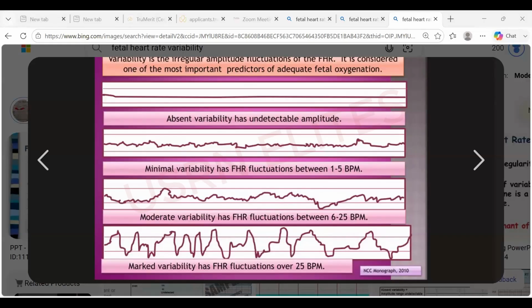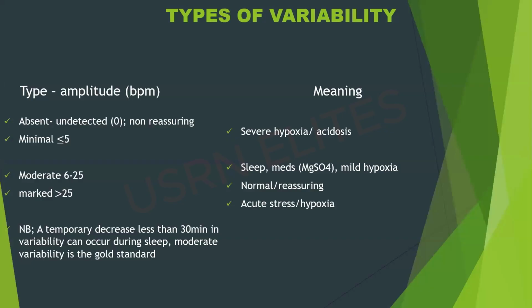And I told you that if it's absent, no change, a flat line, that one is non-reassuring. It will indicate that maybe there's severe hypoxia or acidosis, because hypoxia leads to what? Respiratory acidosis. So if there's acidosis or hypoxia, it becomes absent or severe.